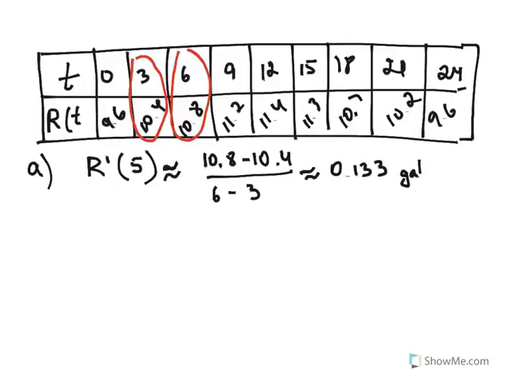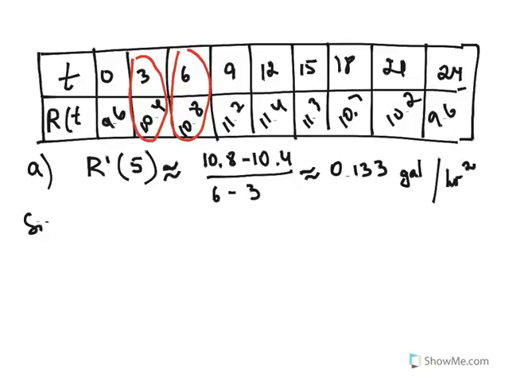Now, units: gallons per hour, but not hour squared. How come? Well, what's R of t? It's the rate, with units gallons per hour, but you're looking for the rate of this rate. So the derivative of the derivative, that's why we get gallons per hour squared.